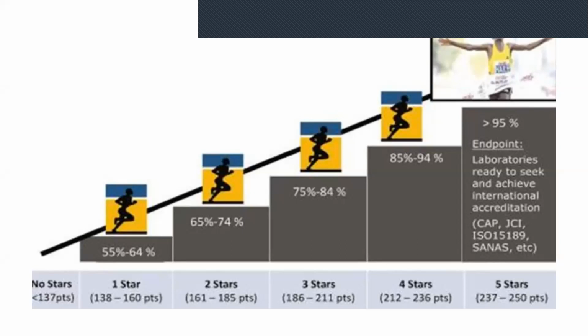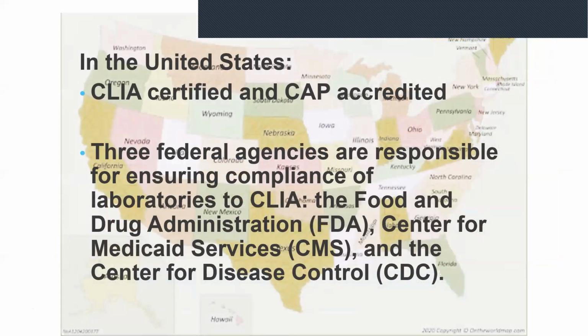So in the United States, and in the background you see the map of the United States, we are basically CLIA certified, and it's a funny name. It's Clinical Laboratory Improvement Amendments Act, which is a little bit of a crazy name. However, that's the certification that we receive in our laboratories.